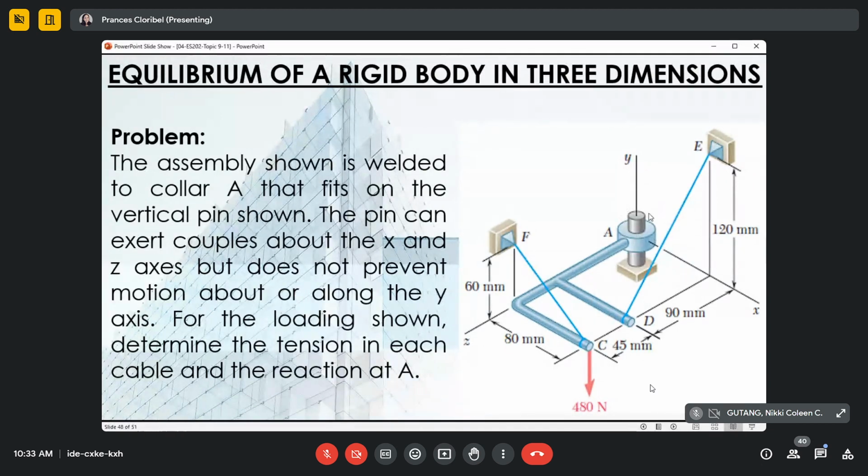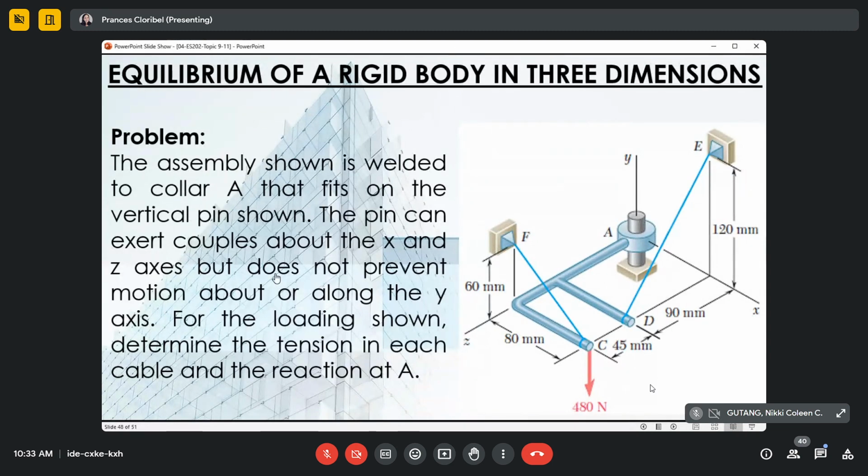So there will be no reaction moment along the y-axis, only along x and z. The only rotation it can generate is about y; it cannot rotate about x or z.